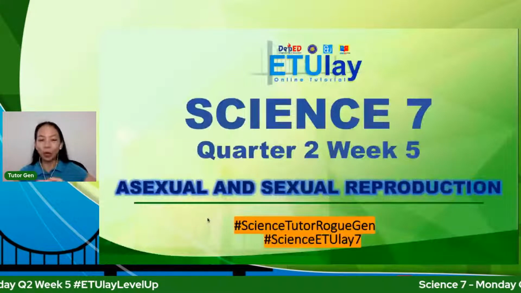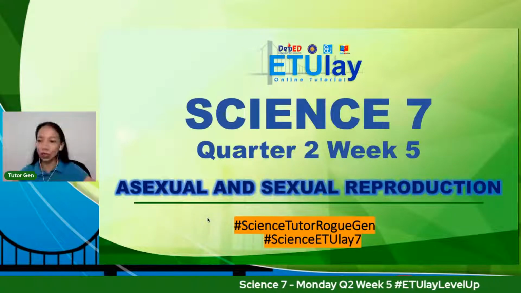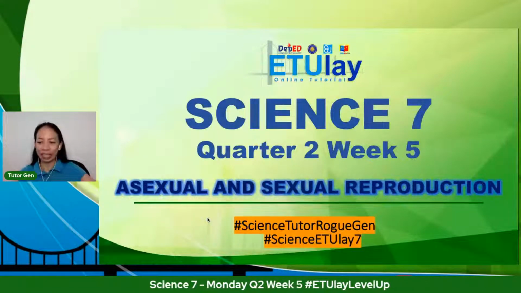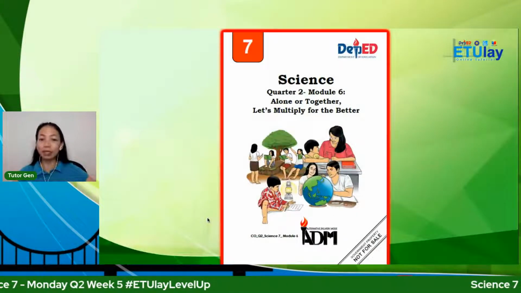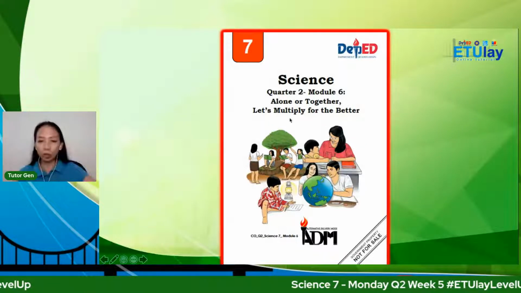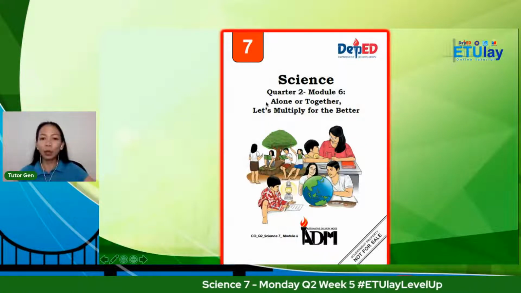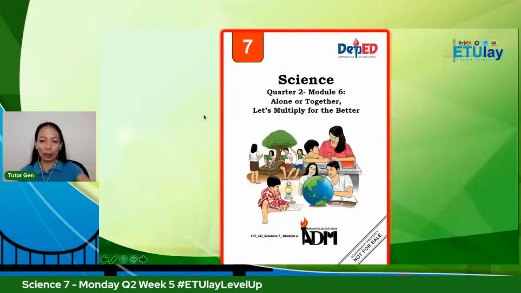So our lesson this afternoon is about asexual and sexual reproduction. Our learning material or reference material is Quarter 2, Module 6, although we're in Week 5. It's Module number 6 with the title Alone or Together, Let's Multiply for the Better.